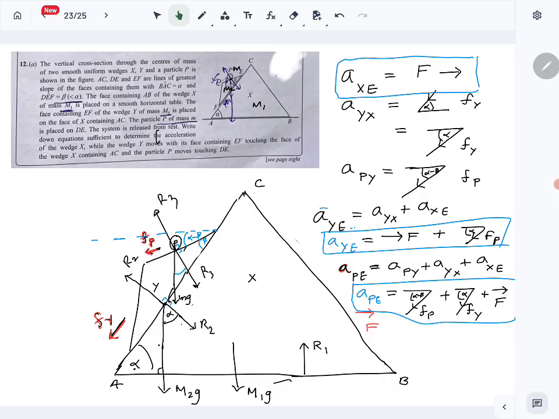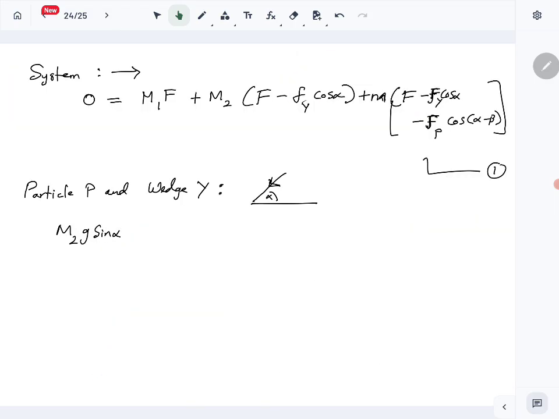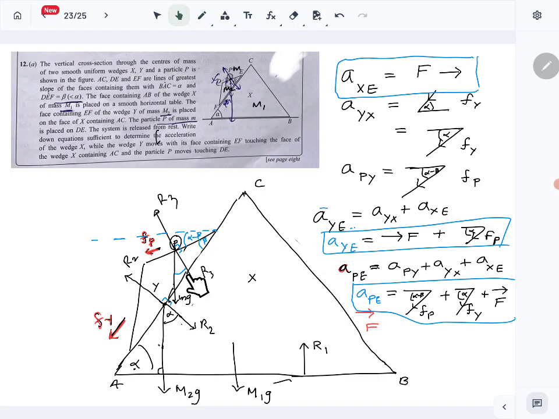Then what else is in this system? R3 we don't need to consider because this R3 and this R3 cancel. Then the only other force is mg, that is also vertical, no? So that has the same angle, mg sine alpha in this direction, mg sine alpha plus mg sine alpha, because we are trying to find the component of mg along this surface.